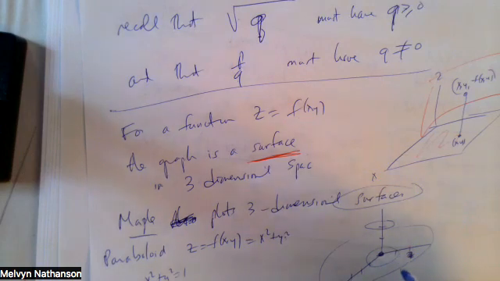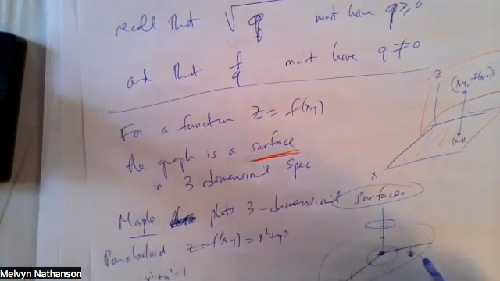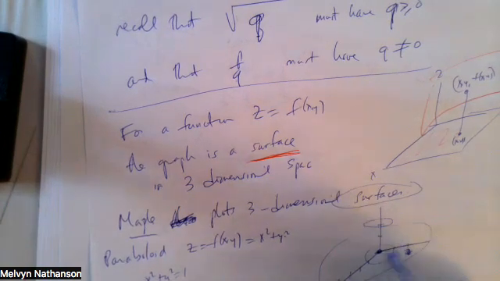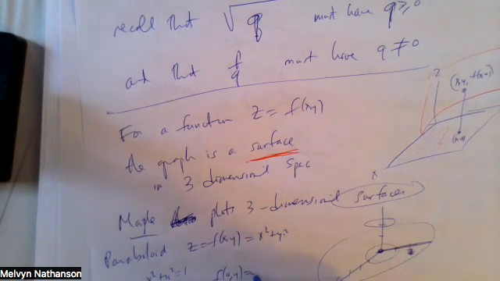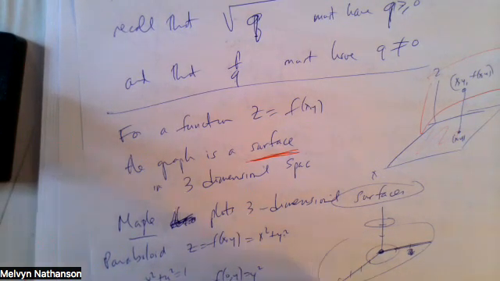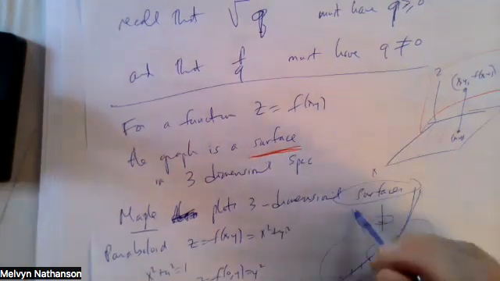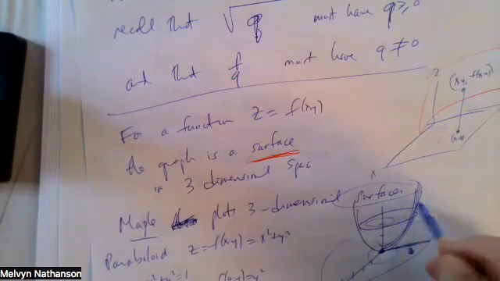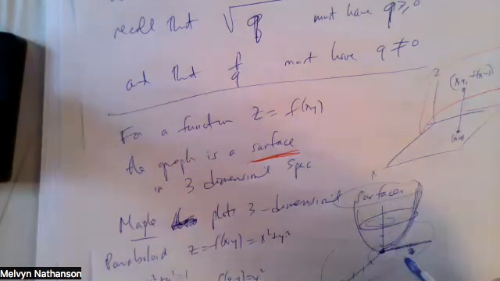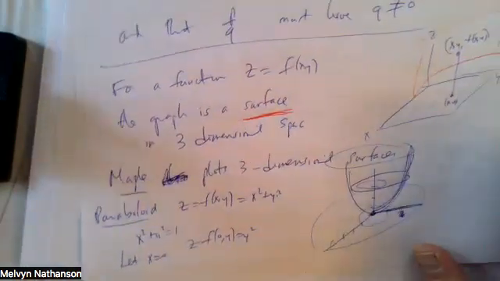In fact, if you let x equal 0, so you're just looking at the y-axis, f of 0, y is y squared. So z is y squared. So it's just this parabola. I can't draw it very well. And the graph of this function is this parabola rotated around the z-axis. So this rotated parabola is what's called a paraboloid.